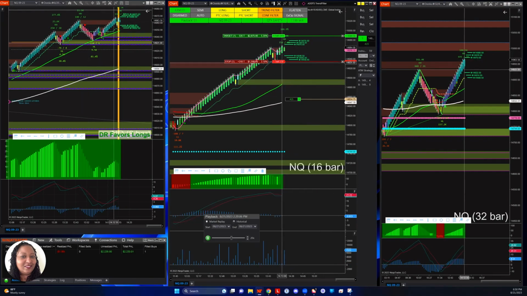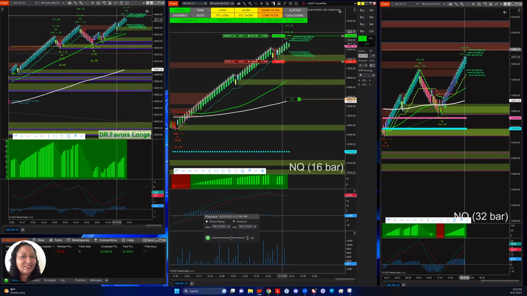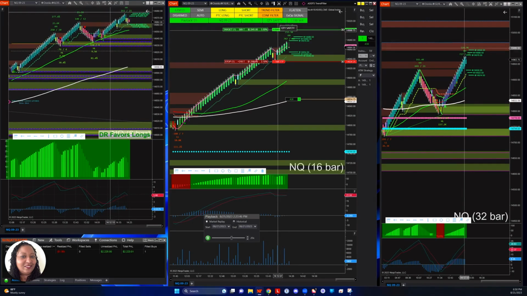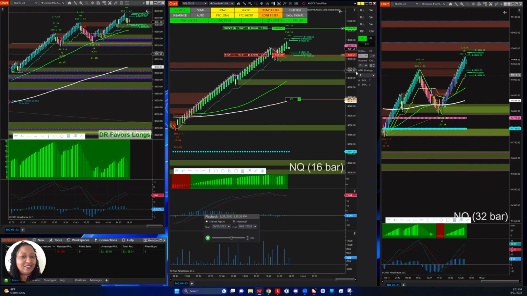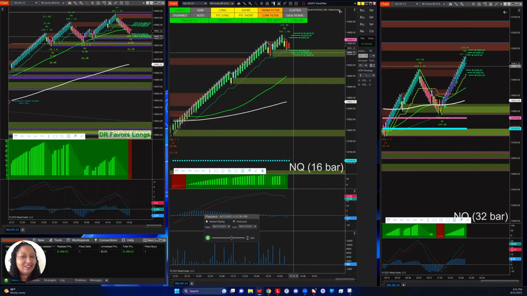And we've got a little red, if you can see, on the 16 that's forming right here. Wow, we're still going. So maybe it gets to unconfirmed bearish PTC signal. Reversing. Stop fill. I got stopped out.